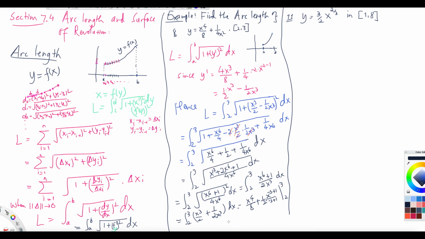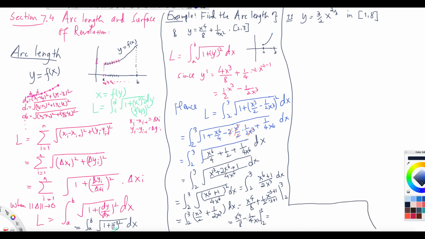Okay, so what do you get? That's what you get, x to the 4 over 8 minus 1/4 x squared, since the exponent is negative 2 here, and then limits 2 to 3.